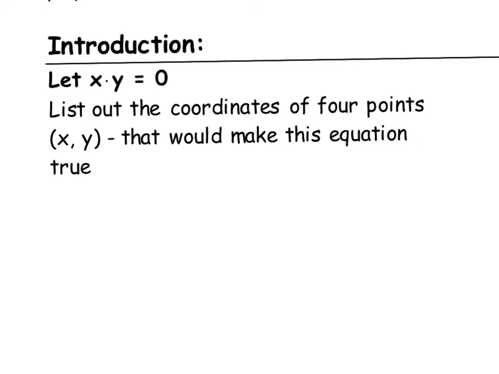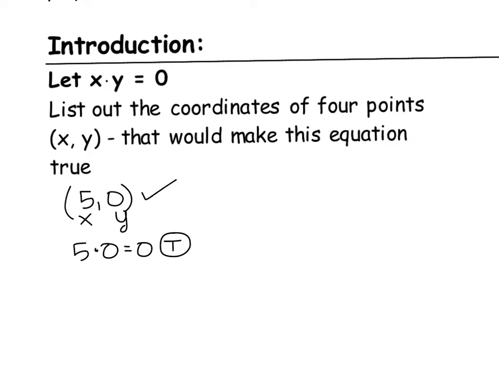So let's try the point (5, 0). In other words, x of 5 and y of 0. Then 5 times 0 equals 0. Well, that's a true statement, which means that (5, 0) is a solution to this equation. Let's try a couple more points. What about (8, 0) or (0, -37)?